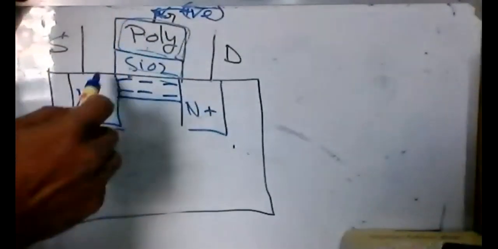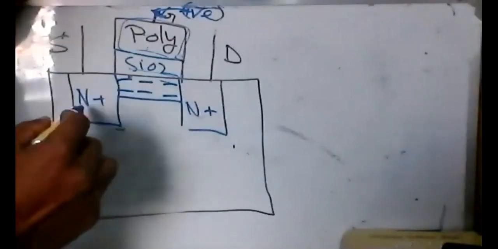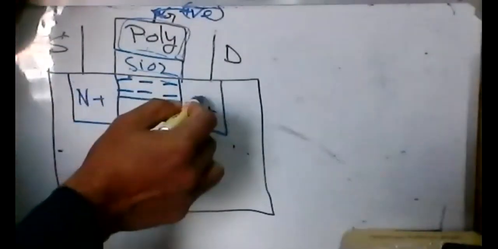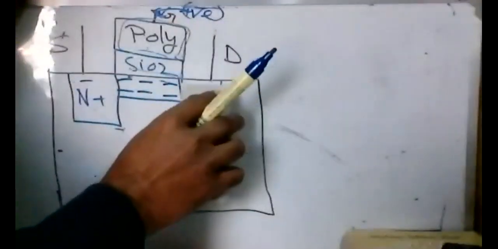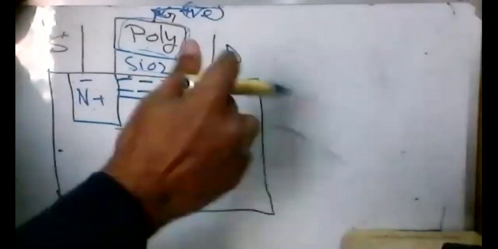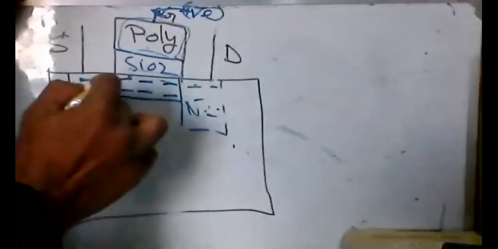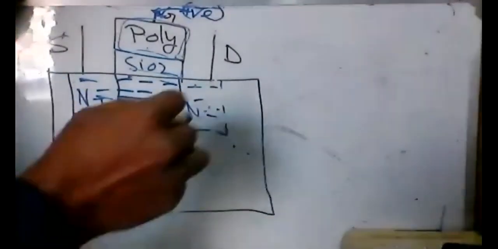So now it will remain here, and we know that this N plus and this N plus are full of positive, no, sorry, full of negative. Everywhere negative. So now what do we do?